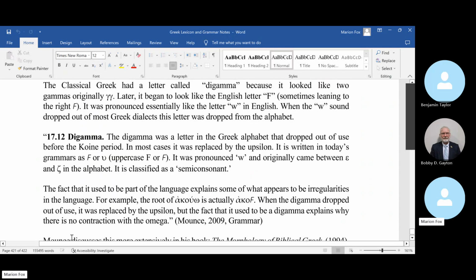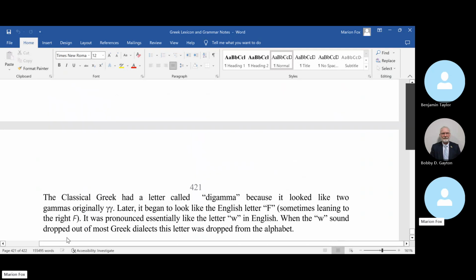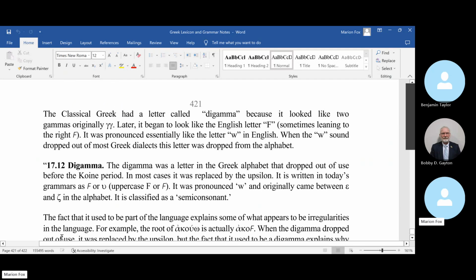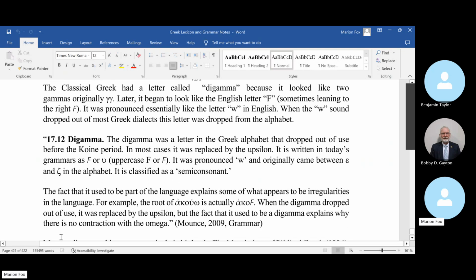Now here's your digamma. I want you to see it. Classical Greek had a letter called digamma because it looked like two gammas together, like we see the gamma right here. I put my mouse over it. Later it began to look like the English letter F, sometimes leaning to the right, looking more like this right here.